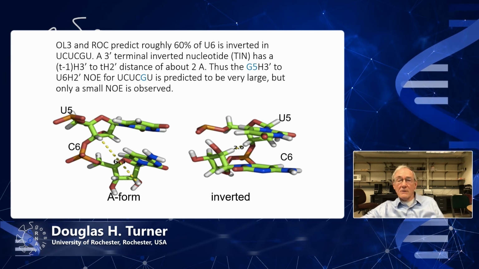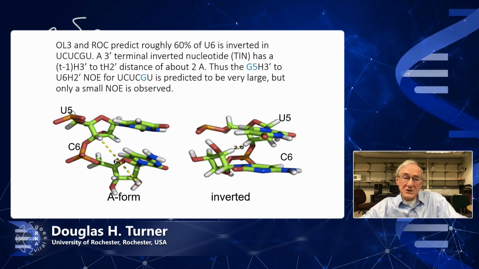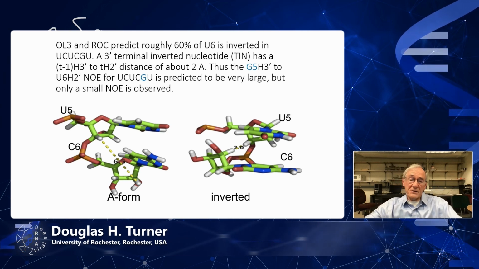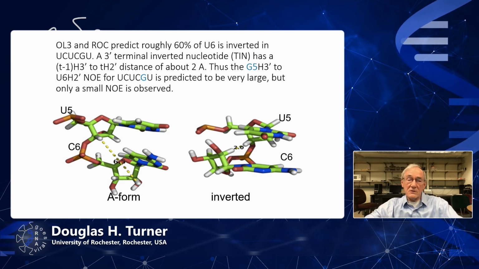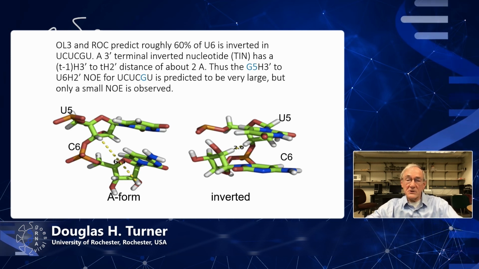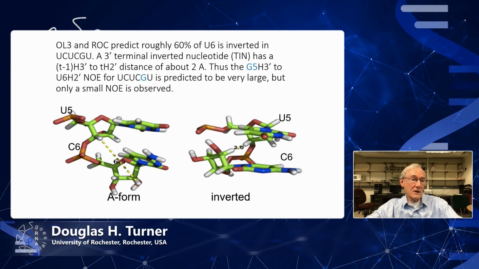And this shows a different sequence. This is actually the sequence that we published, but the same information and same kinds of numbers are true for the G hexamer that I'm talking about today.